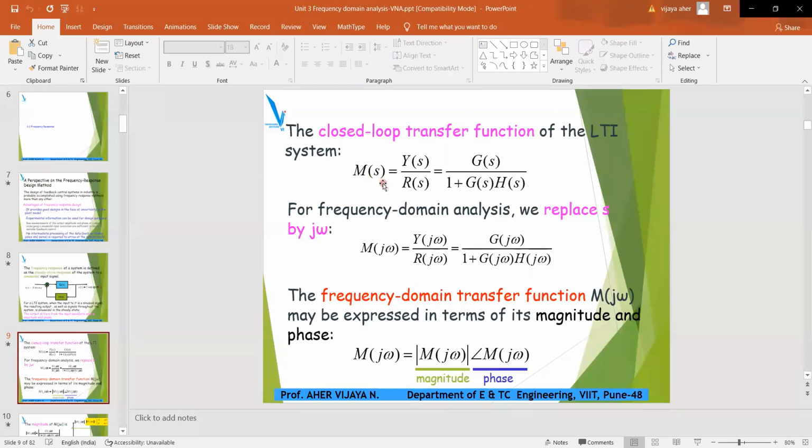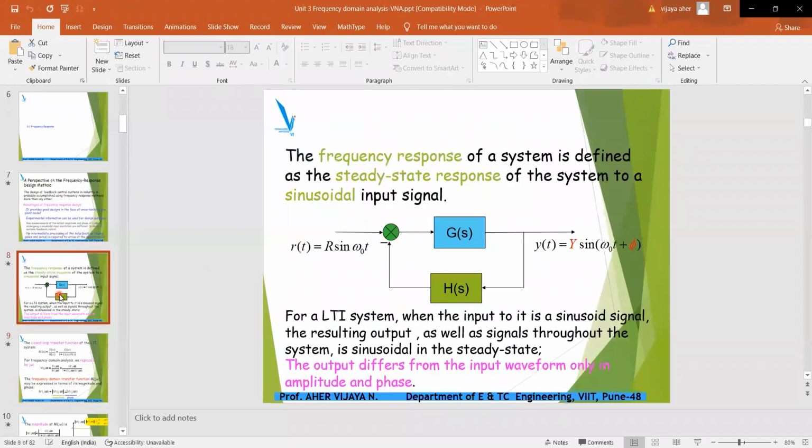And what is the definition of transfer function? Transfer function is nothing but the ratio of Laplace of output to the Laplace of input. Here input is r of t, output is y of t. So the ratio of Laplace of output, that is Y of s, to the Laplace of input, that is R of s, is nothing but transfer function.